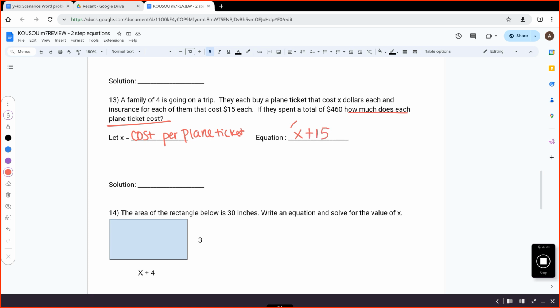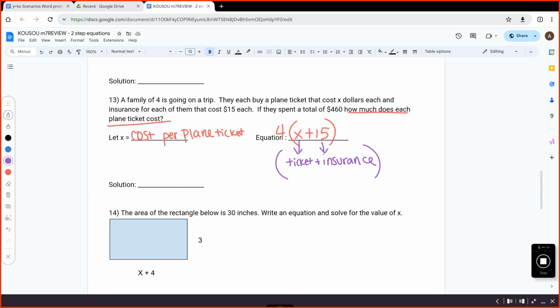All right, there's a family of 4, so we're going to multiply this by 4 because this is what it is for one person. But for 4 people, we multiply it by 4. All right, so again, x is the ticket, one ticket. 15 is insurance. So each person needs to buy a ticket and insurance.